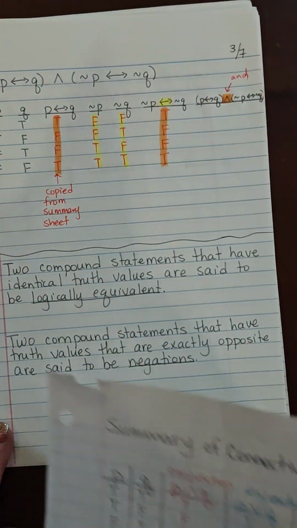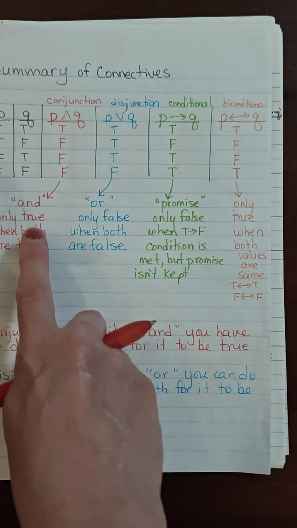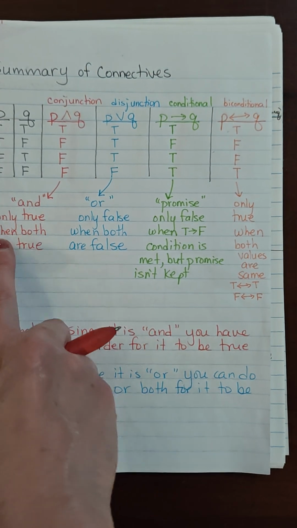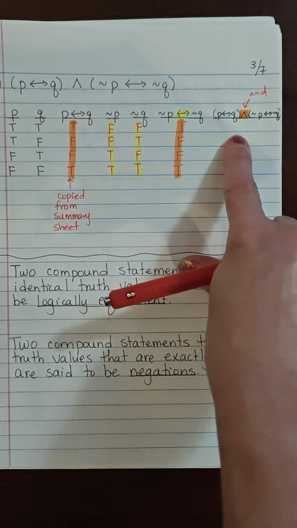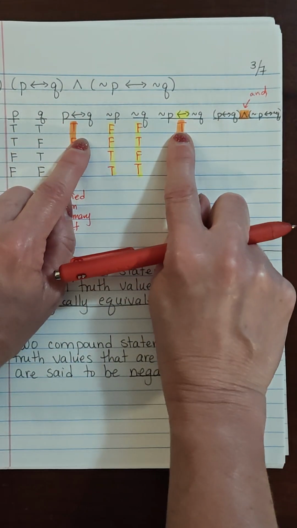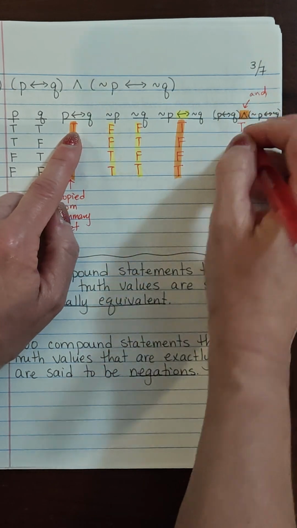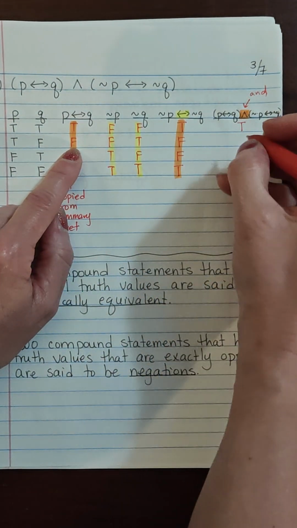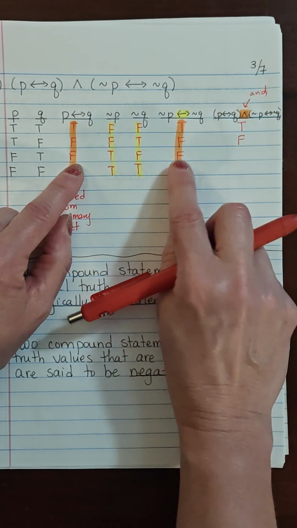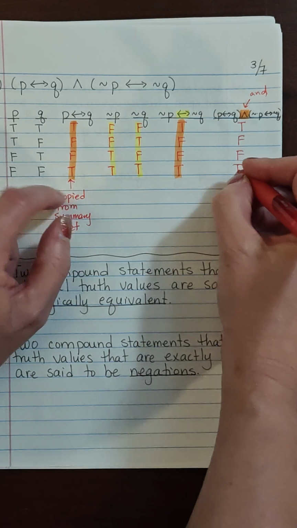All right, so going back to this, my conjunction, my and, is only true when both are true. This is only true when both of these are true. Okay, true, true. Both of these are not true, so that's a false. Both of those are not true, it's a false. Oh, both of those are true.